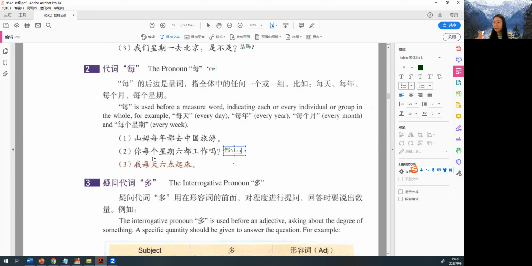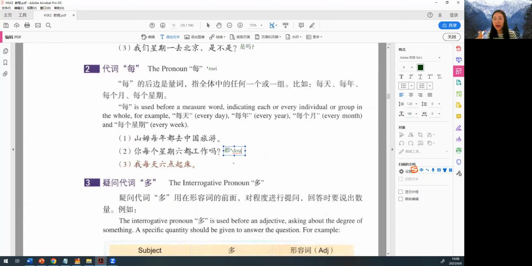Like here, if we erase this 都, 你每个星期六工作吗? The feeling is not so strong. If we add a 都, it gives people a feeling that, how to say, even on Saturday, you work every Saturday.